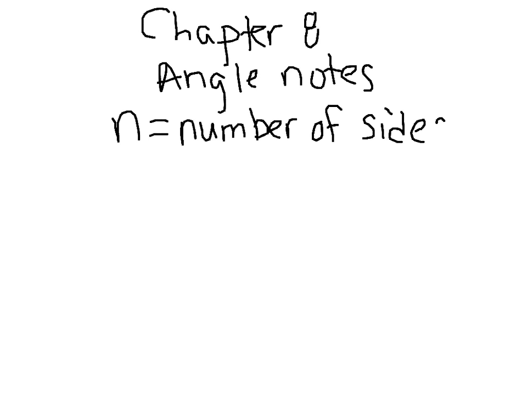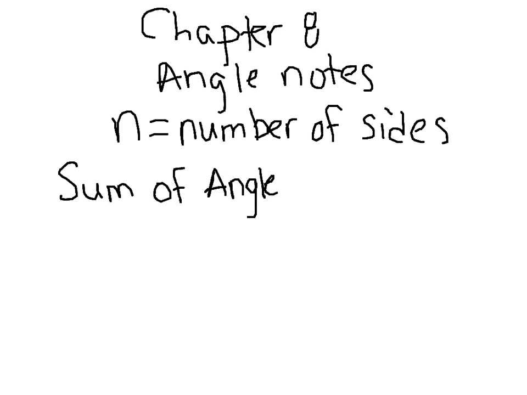Okay, and the first thing I want to talk about is if I ask you to find the sum of the angles in a polygon, that's my first one I want you to know, sum of angles in a polygon. You're going to use this formula right here.